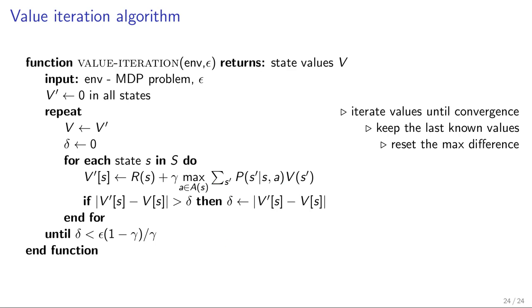I believe in the labs, you will have the opportunity to try, and you can actually do it by hand. You will see that even in a couple of iterations that you can do by hand, it's rather quickly getting where you want it. So you do 3-4 iterations and you're already getting where you want to be. And you can then do 10 more iterations to make the estimate much more precise.